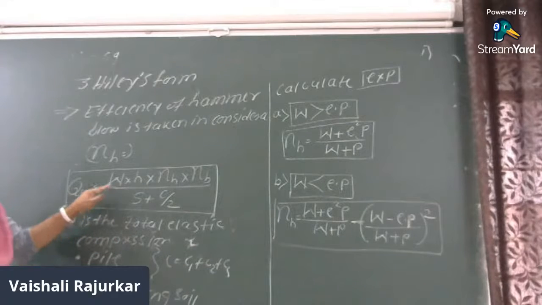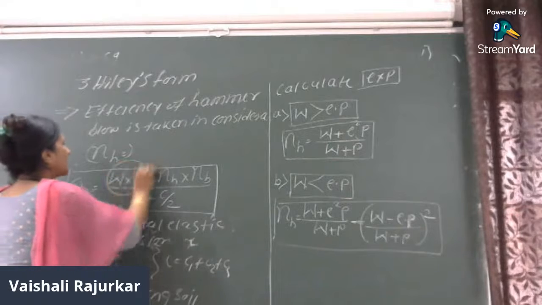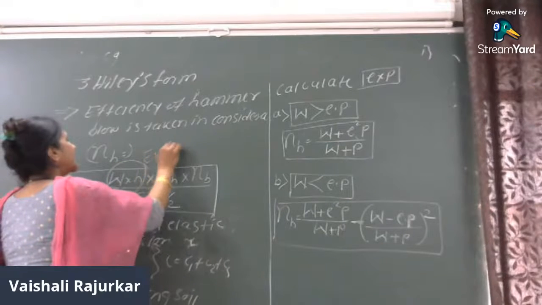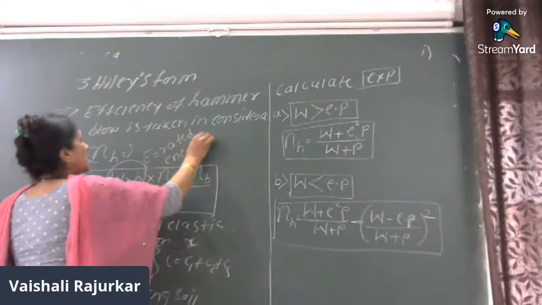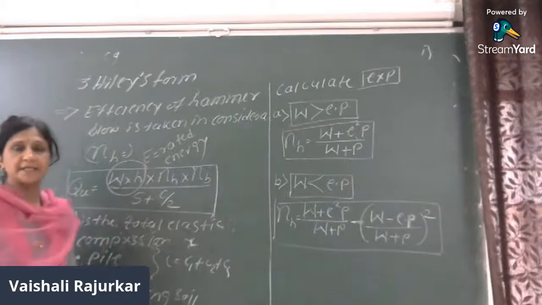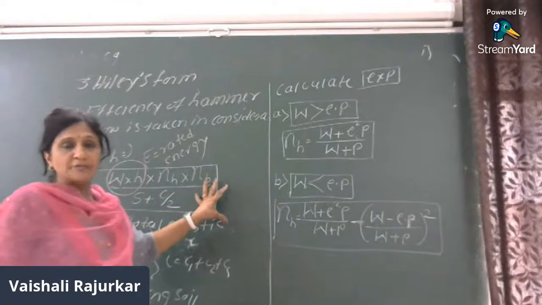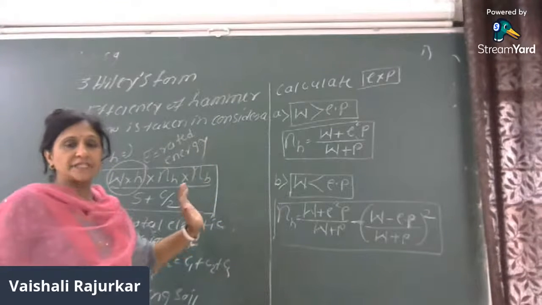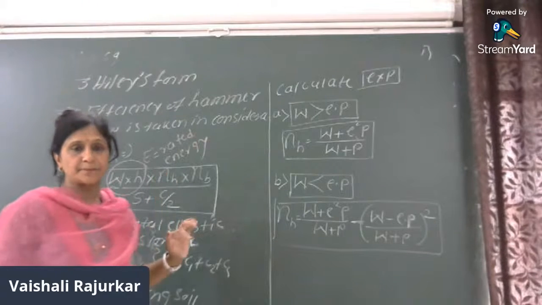So what is W? Sometimes instead of giving W and H, the product of W and H is considered as rated energy. Rated energy. Sometimes instead of this, the things are given which is considered as rated energy, where the product of W and H may be given.